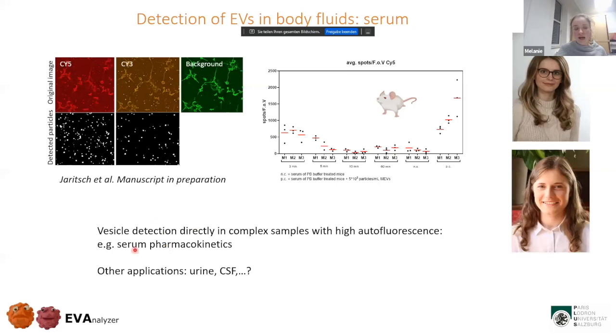And we already used it to look into serum pharmacokinetics. And what we see here is milk EVs that were labeled with Cy5, and we see something that also others describe, that the vesicles are cleared really fast from the blood. And we hope that these pipelines can also be applied to other samples like urine.